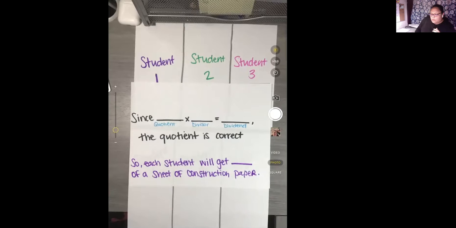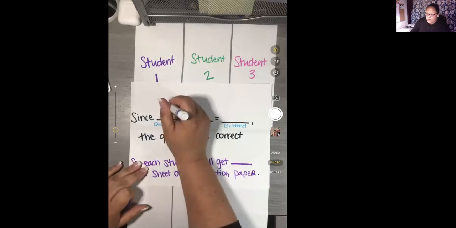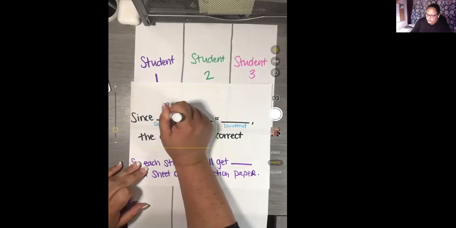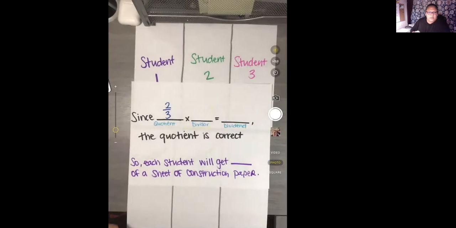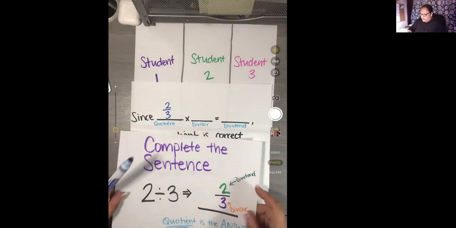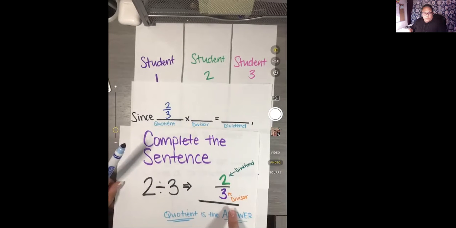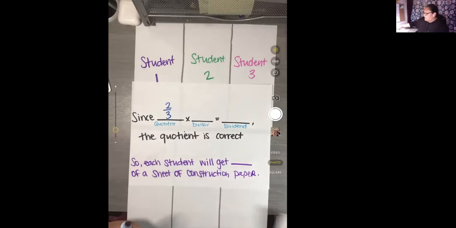So since the quotient times the divisor equals a dividend, the quotient is correct. Let's see what that means. So since 2/3 is our answer, times the divisor. From my last page, my divisor is 3.